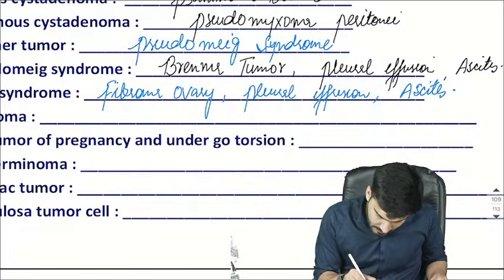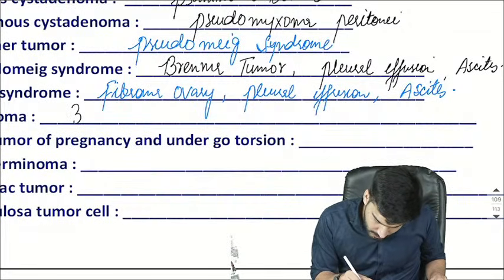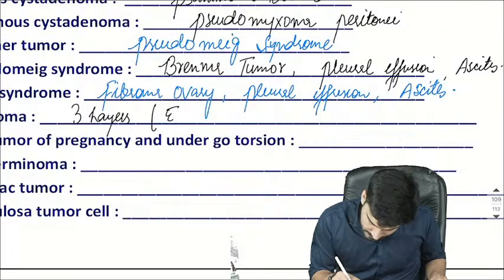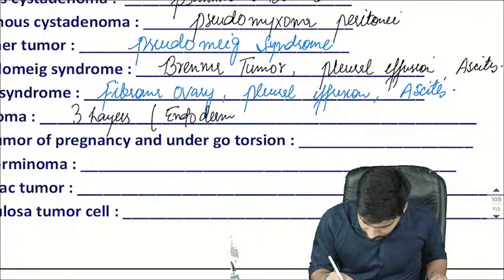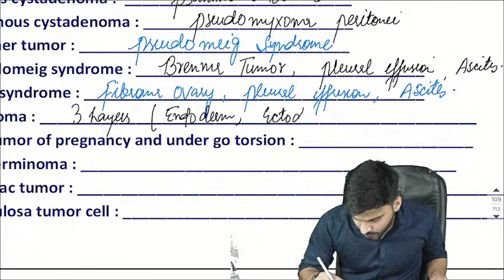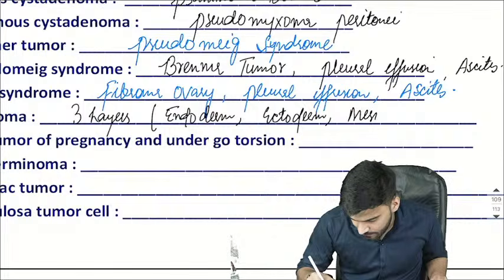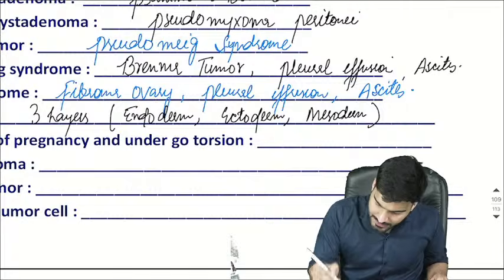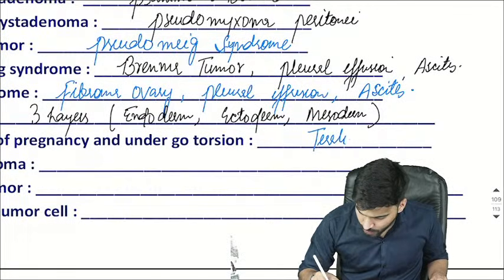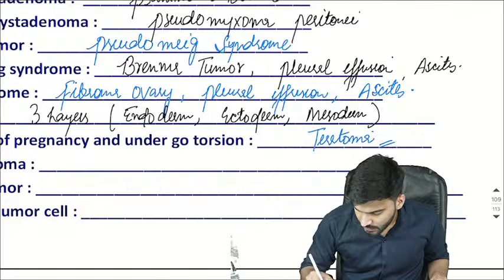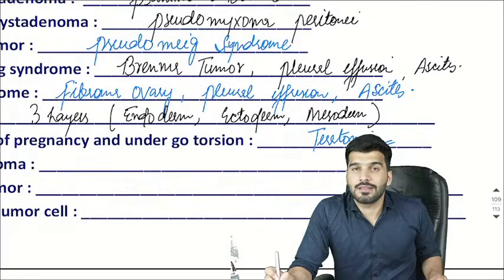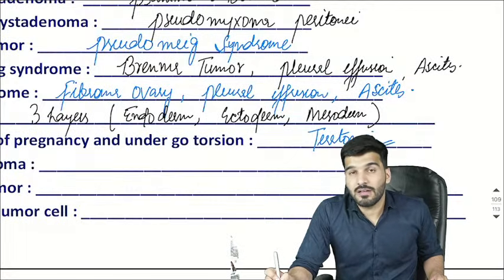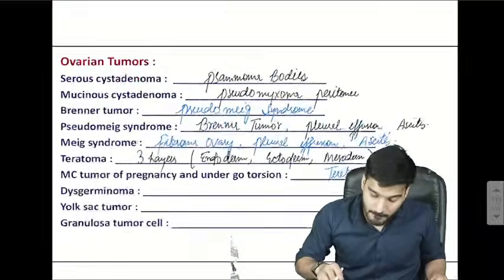It's a type of germ cell tumor made up of 3 layers, that is endoderm, ectoderm, and mesoderm. Now we have a mature teratoma, which is benign, and immature, that is malignant.